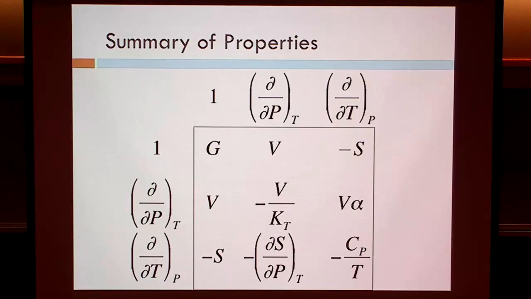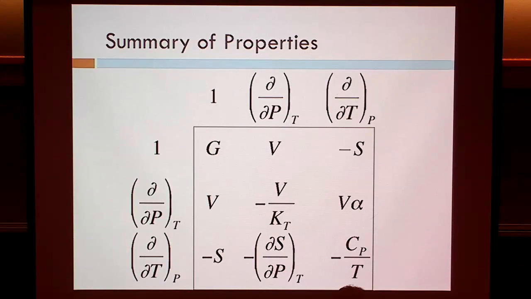Okay, so sort of a reminder of some of the properties that we're interested in, some mnemonic devices for remembering some of them. And I think the point is that thermodynamics can look like a zoo of completely unrelated quantities. But of course, they're not. They all are related to each other. And that's one of the beautiful things about it.